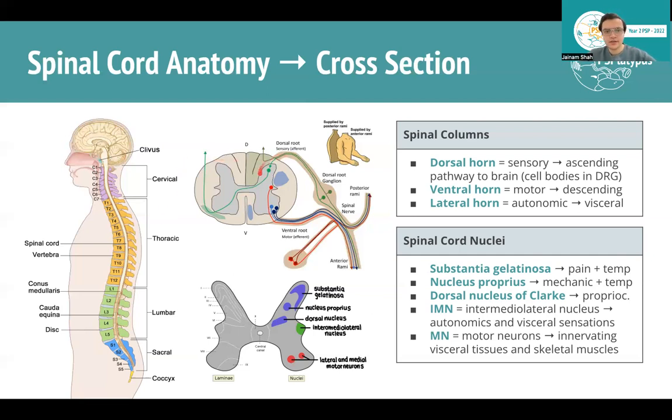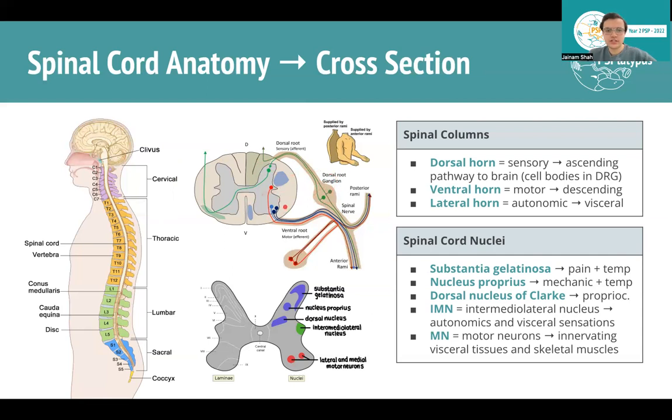So dorsal horn there, and that's going to be responsible for the sensory functions. So it's going to be an ascending pathway. So it goes from the sensory neurons to the brain, and the cell bodies are located within the dorsal root ganglion. So this little inflation or expansion of the neural centers, that's called the DRG.